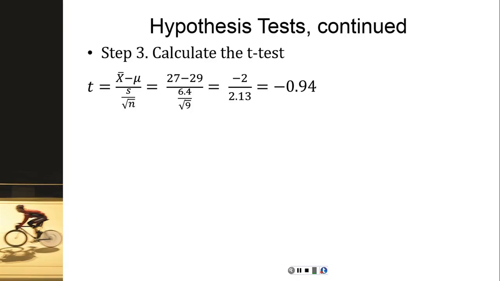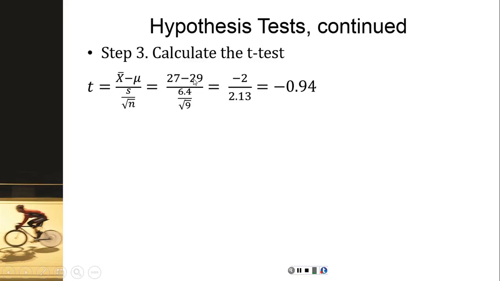Continuing on, the third step is calculating the t-test. The t formula is x bar minus mu, divided by s over the square root of n. We calculate the x bar based on those 9 numbers. X bar is 27.